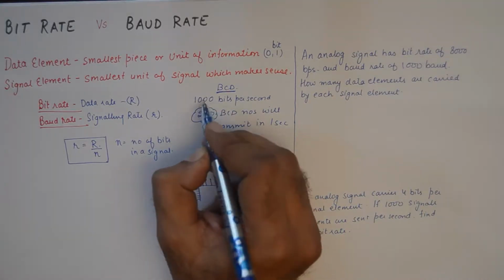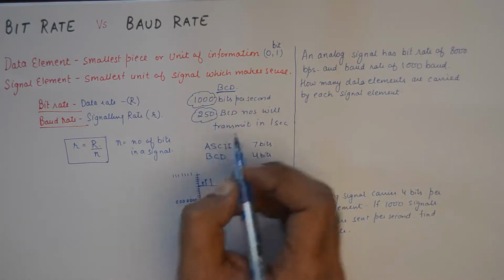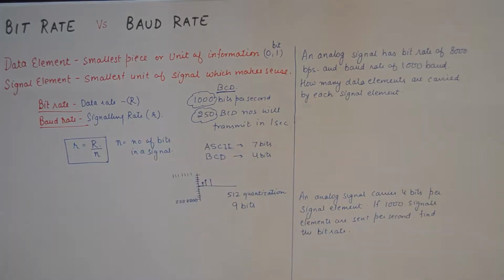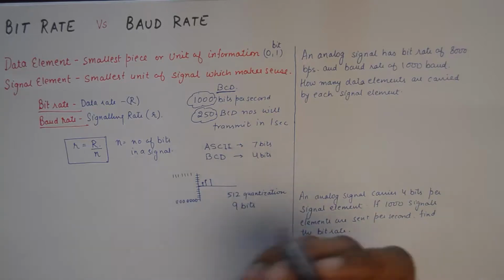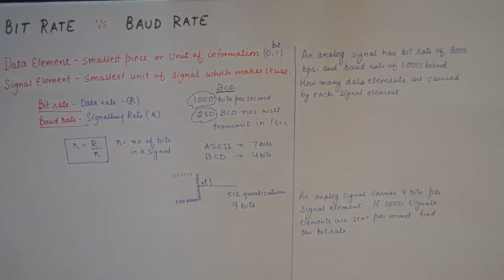However, the bit rate was 1000, and bit rate is the data rate of how many bits are transferring per second, and baud rate is how many signals are being transferred. So 250 meaningful signals, 250 BCD numbers, were being transmitted in 1 second.